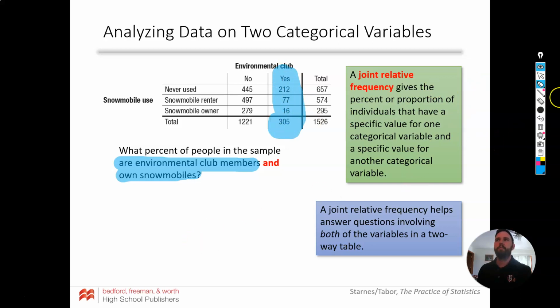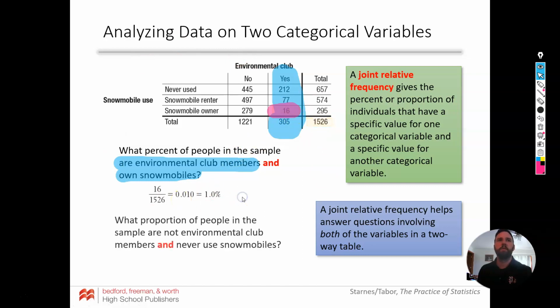And now I want to know what proportion of those own snowmobiles. 16. So I'm going to do, I bet you they highlight it. Yep. So I do 16 out of my total. So 1% are both. They're snowmobile owners and environmental club owners.